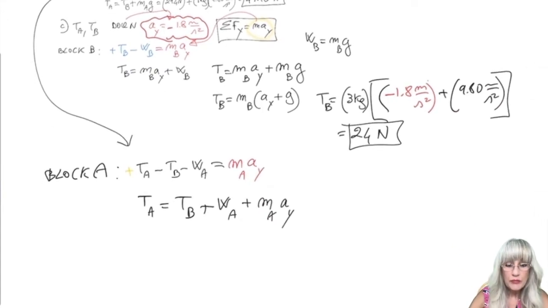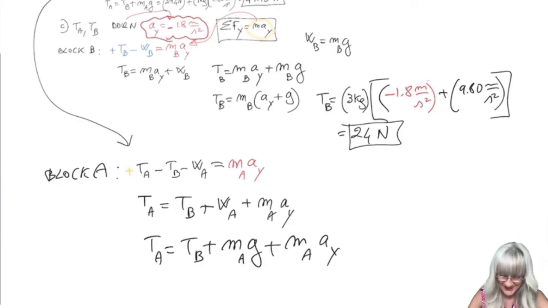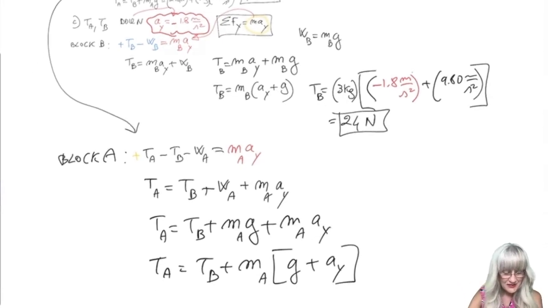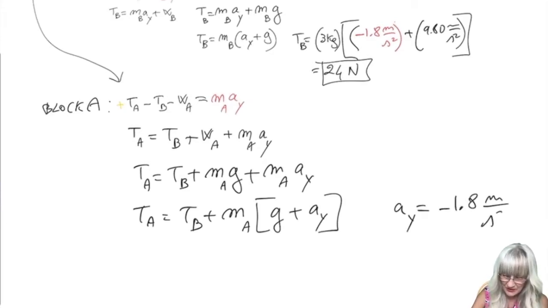Now you do remember that the weight of A is m_A g plus m_A a_y. So this is again very elegant. I'm going to group m of A like I did above, and you have g plus a_y. Let's plug in and see what happens with this equation. Don't forget a_y is down, minus 1.8 meter per second squared.